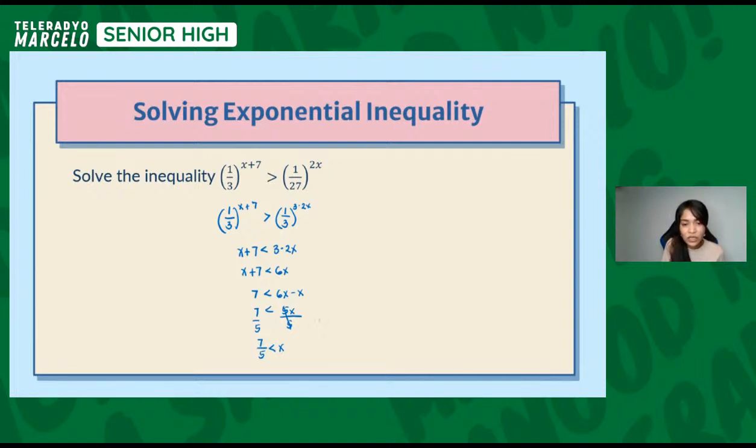So in set notation, we can rewrite that as 7 over 5 up to positive infinity. Okay, is that right? So this time, hindi kasama sa solution natin yung 7 over 5. That is why we are going to use parentheses.